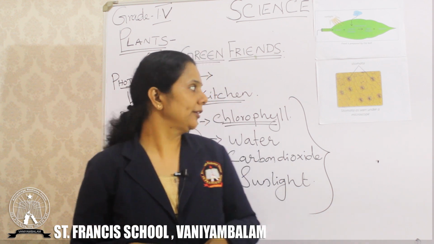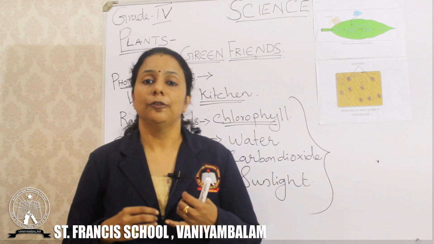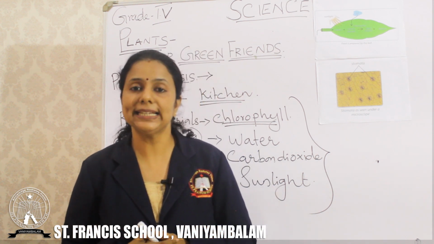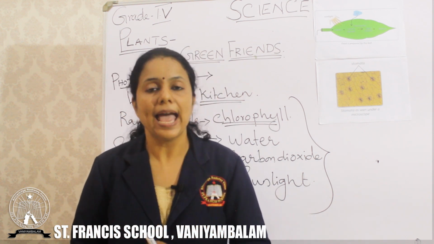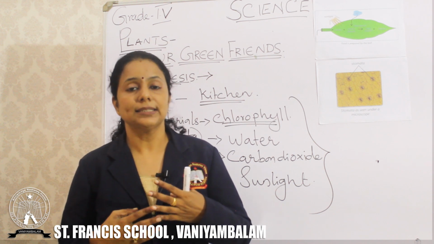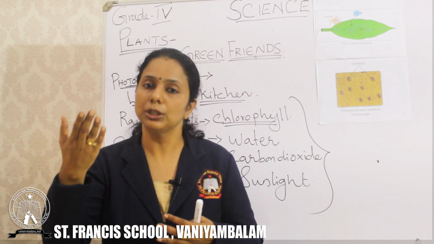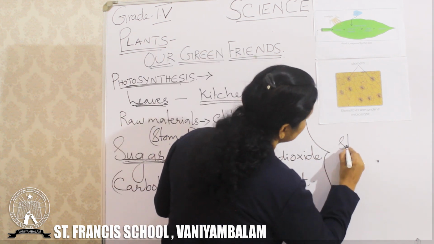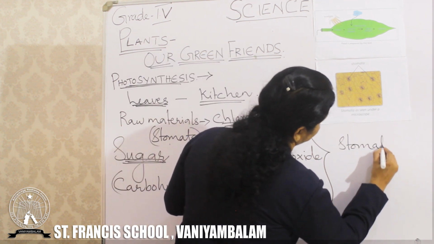Okay. So, during photosynthesis, the food is prepared by plants and along with that food, oxygen gas is also produced, and this oxygen gas goes out into the atmosphere through the tiny pores which are called what? Stomata.